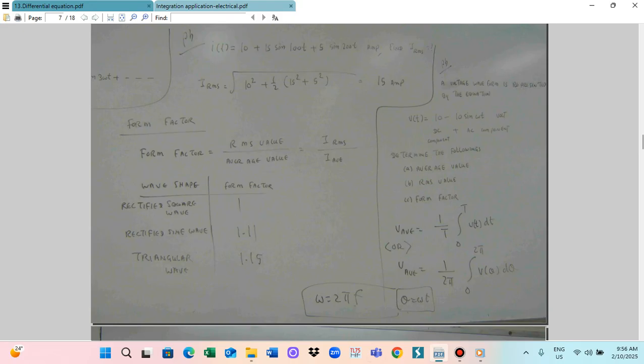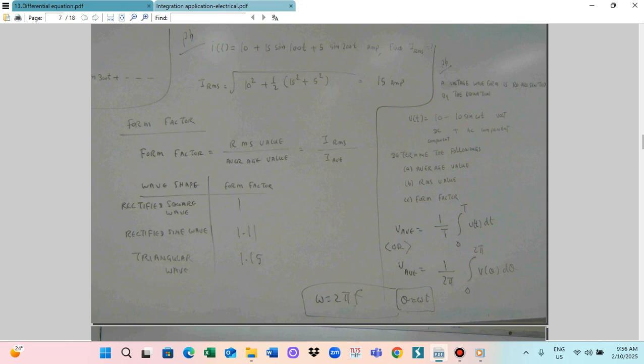Or if you use the angle, you can also use this formula: the average is equal to 1 by 2 pi, integration 0 to 2 pi, v(theta) d theta. In this case, theta is equal to omega t. So these are the two formulas.